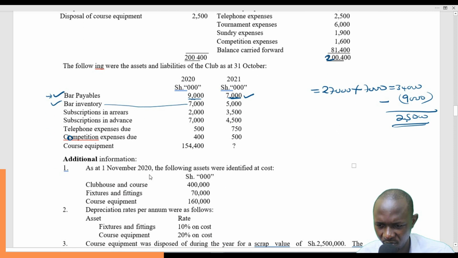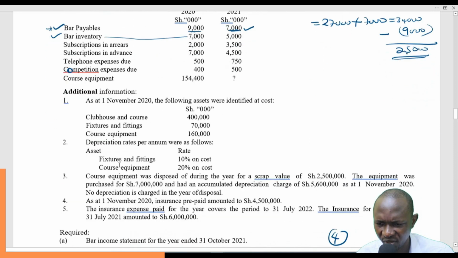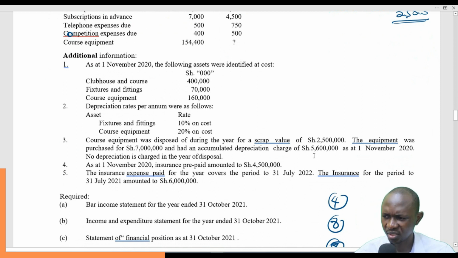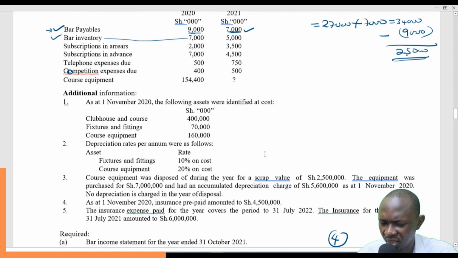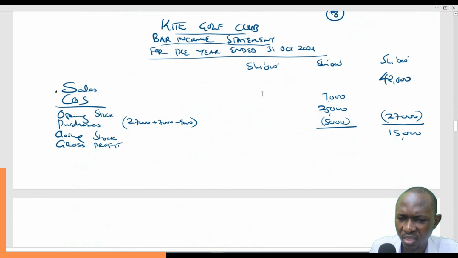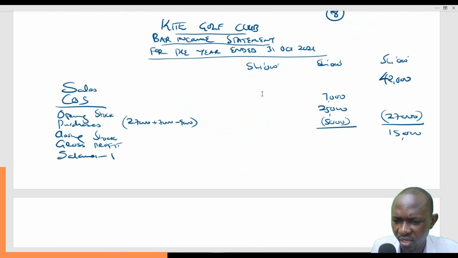Is there anything on bar again? Check specifically. If there's nothing, we say salaries bar. Salaries for the bar, how much is that? 10,000. So this will give us 5,000, and this will be our net profit from the bar.